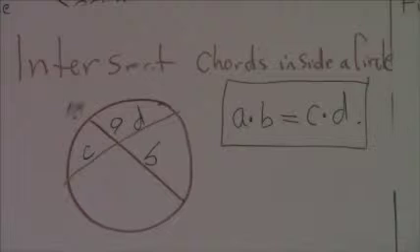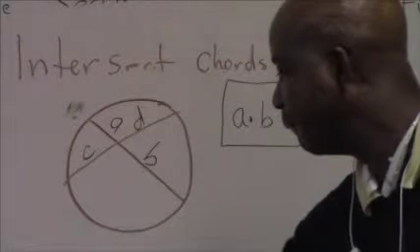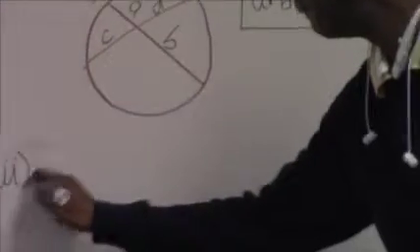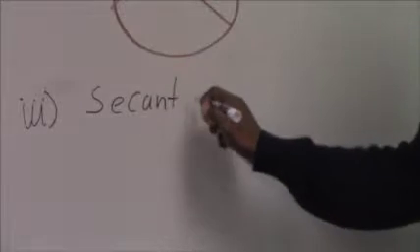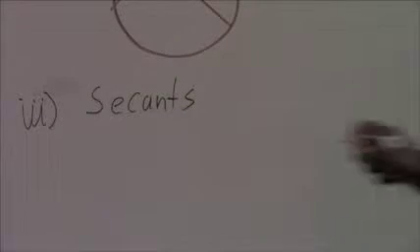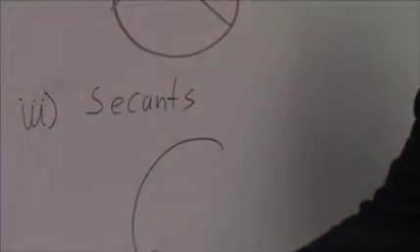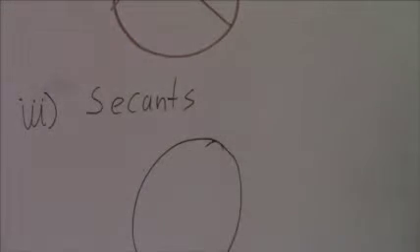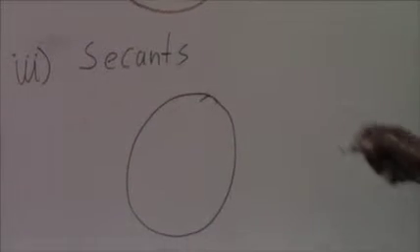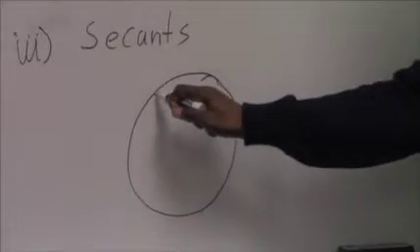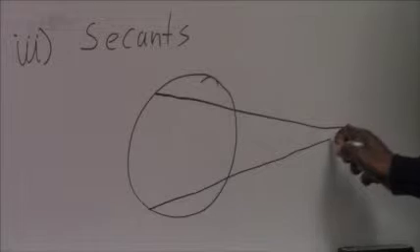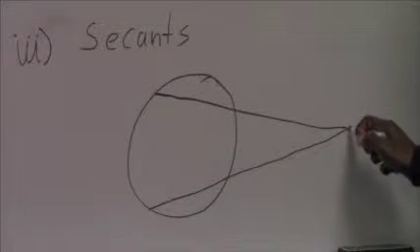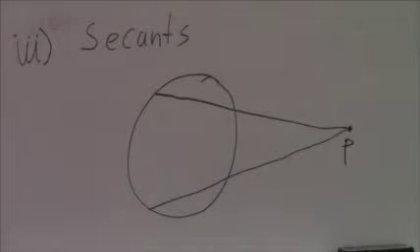So then, let's look at another one that has to do with secants and segments. Let's talk about secants, okay? Let's draw it. So we have secants from a common external point. This is a point P, a common external point.